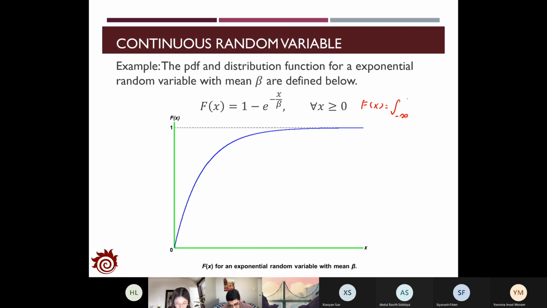We do the integration from minus infinity to the value of x, and with that you have this blue line as the CDF, and you can eventually see that it approaches the value of 1, which is a feature of the CDF.